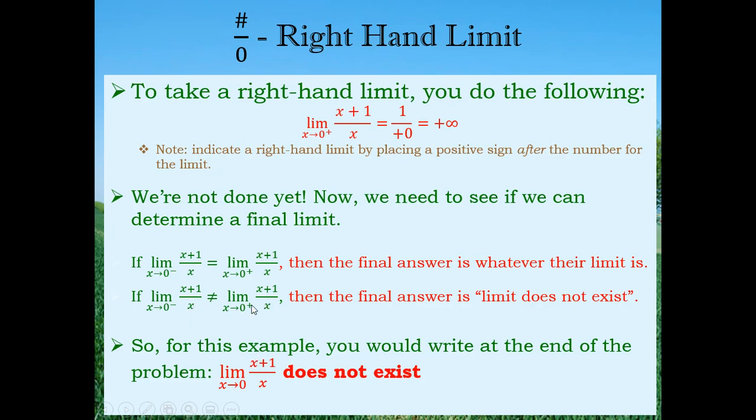As it approached from the right-hand side, it was positive infinity. So those are not equal. So for this, the limit as x approaches 0, in general, doesn't exist because we don't know if we're approaching from the left-hand or right-hand side. They would have to be equal in order for this to have a single limit. So one single limit does not exist.